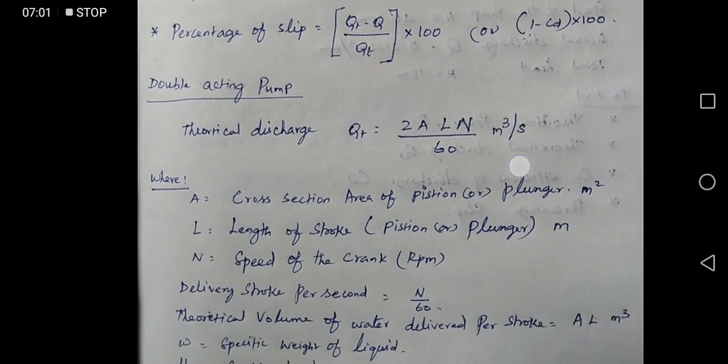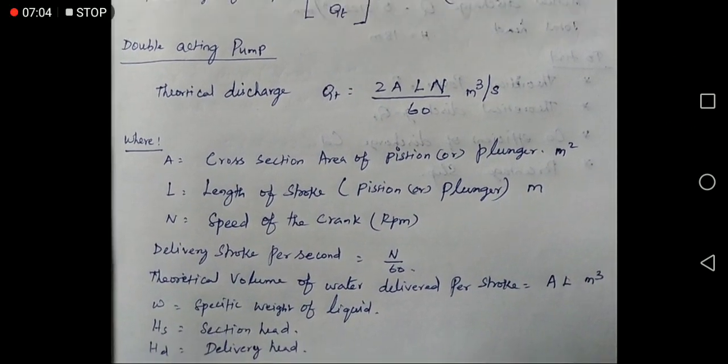A is the cross section area of the piston or plunger in the unit of meter square. L is the length of the stroke of piston or plunger in meters. N is the speed of the crank, unit RPM. Delivery strokes per second is N by 60.